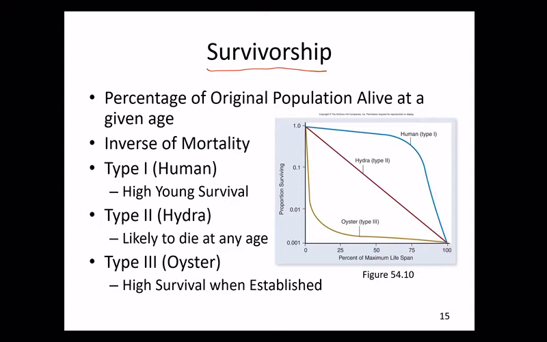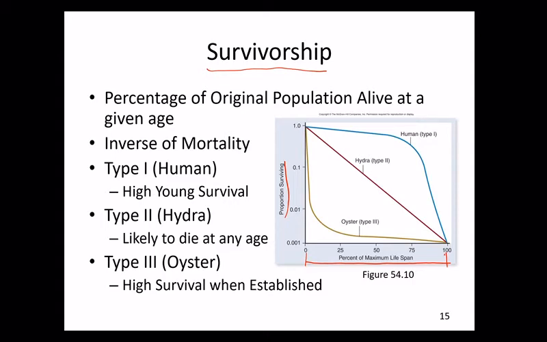And so on this graph, we're showing proportion surviving. In other words, the inverse of mortality, how many survive at different points in their life cycle. So we go from 0 to 100 as in percent of lifespan. If we're talking about humans, we would probably be talking about 75, 80, maybe with healthcare we could even stretch into 90 now as being the full potential lifespan.